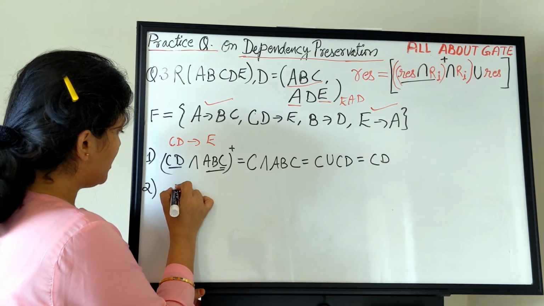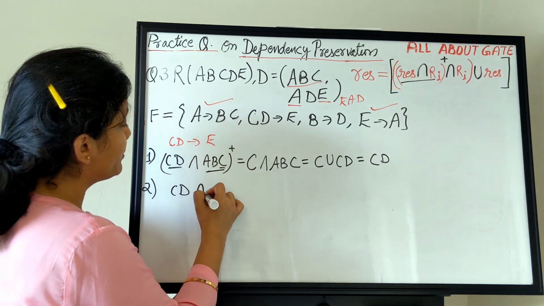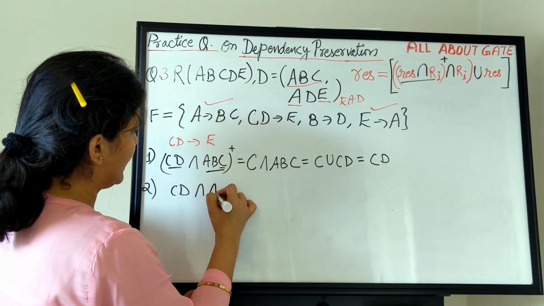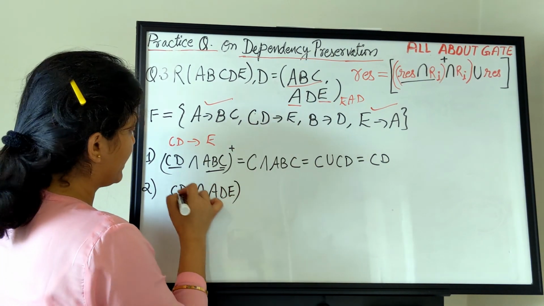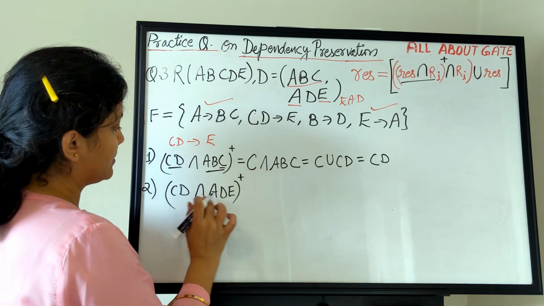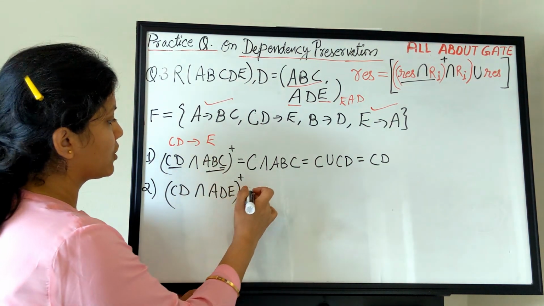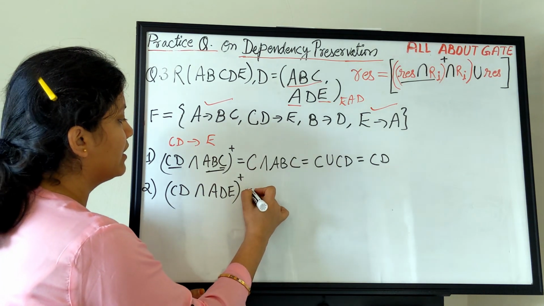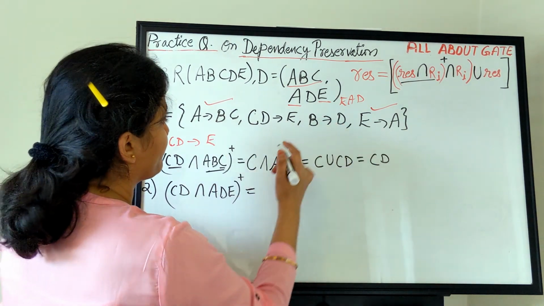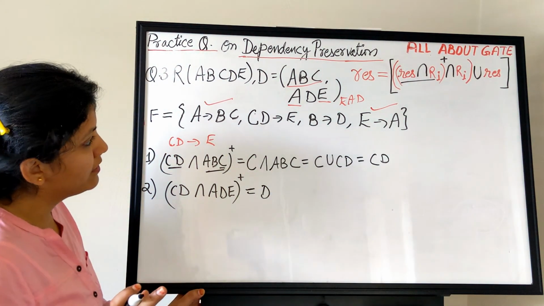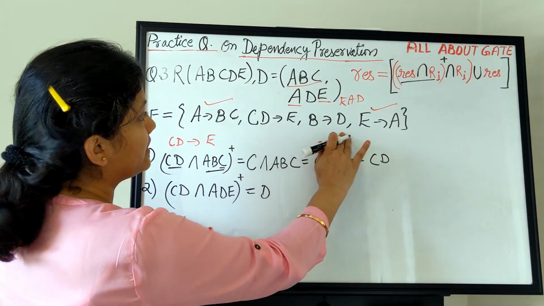Now this CD I'm going to take with the next sub-relation, that is A, D, E. Take its closure, whatever is a common attribute. What is a common attribute? D is a common attribute. So what is D closure? D closure from here is nothing but D only.